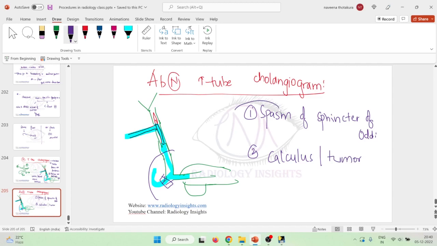This spasm of the sphincter of Oddi can be due to rapid injection of contrast. If we inject the contrast rapidly, this can result in spasm of the sphincter of Oddi. So in both these cases, the contrast will not enter the duodenum.